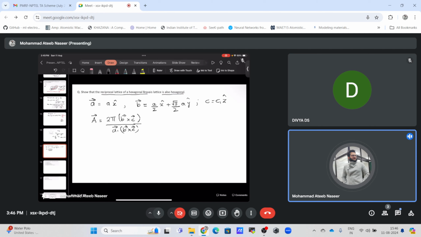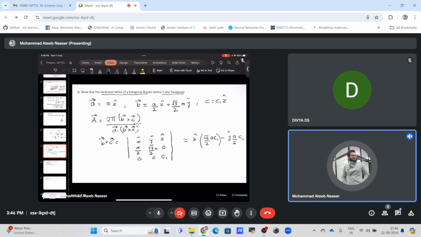If we now find this B cross C first, it is the determinant of x hat, y hat, z hat; a by 2, root 3 by 2 a, 0; 0, 0, c1. This simply gives x hat root 3 by 2 a c1, minus y hat a by 2 c1. Yes, it's correct.